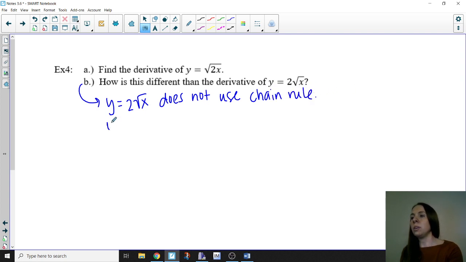Right? Because we could rewrite it as 2x to the 1/2 power. And then to get y prime, we would just do power rule. 1/2 comes down in front, multiplies with the 2, making the coefficient 1. Subtract 1 from the power to get your new power. So we have x to the negative 1/2 is the derivative there.